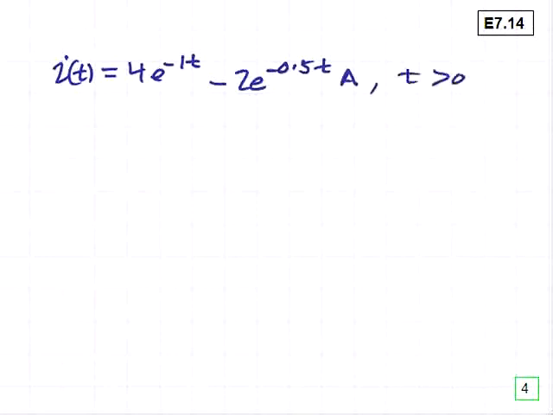Now we may take those K1 and K2 values and apply them to our assumed form for the current. I of t is equal to 4 e to the minus 1t minus 2 e to the minus 0.5t, and this is valid for t greater than 0. The form of this response is that of an overdamped circuit.